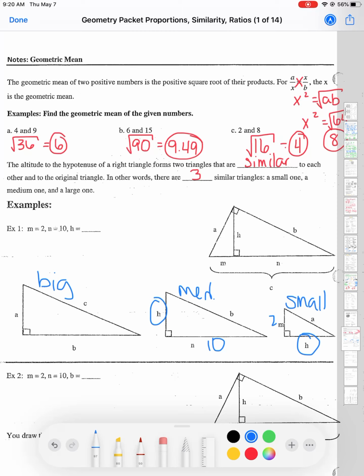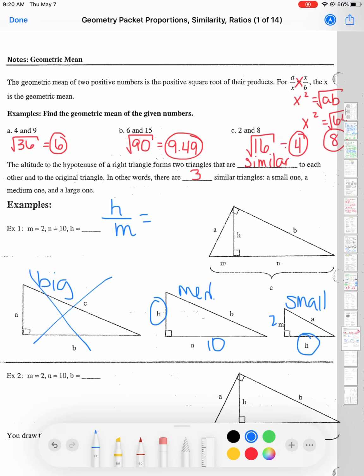So if you notice, H is the small leg in the medium triangle, and M is the small leg in the small triangle. So if I would do H over M, that's a small leg over a small leg. Then, since I did medium over small, I want to set it equal to medium over small. I'm not really using the big in this example.